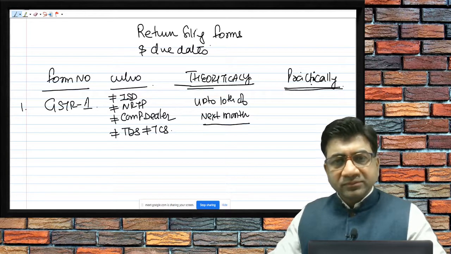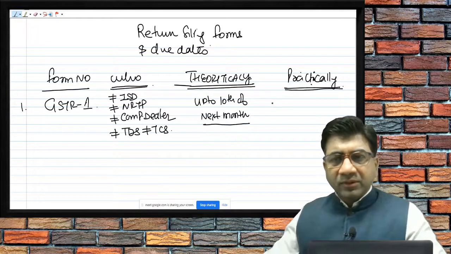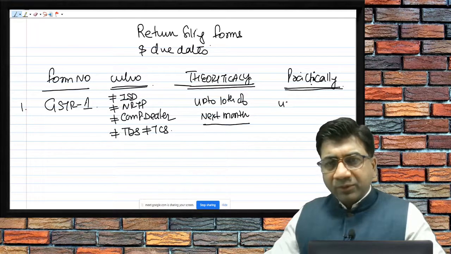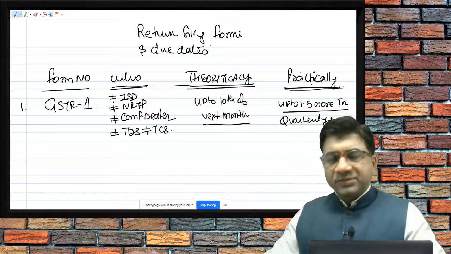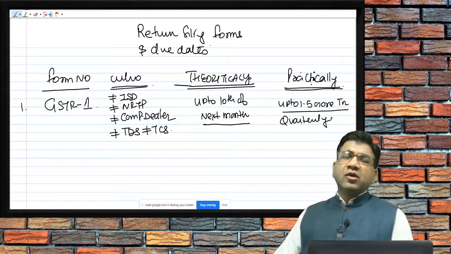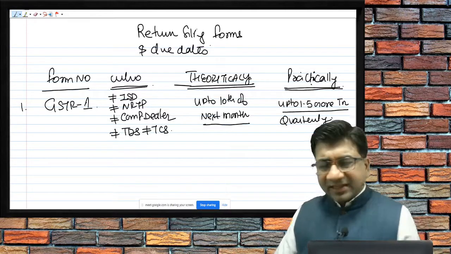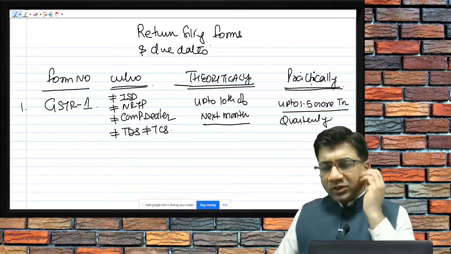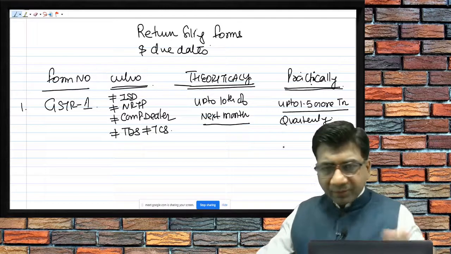I think up to 1.5 crores turnover of the last financial year, it has been made quarterly. Up to the end of the next quarter. For example, April, May, June. I'll give you the exact dates. By the 30th of June, July, August, September. By the 30th of September, if I'm not mistaken.